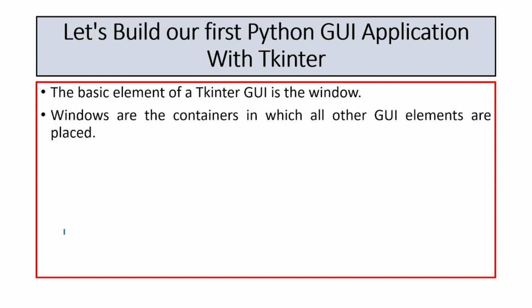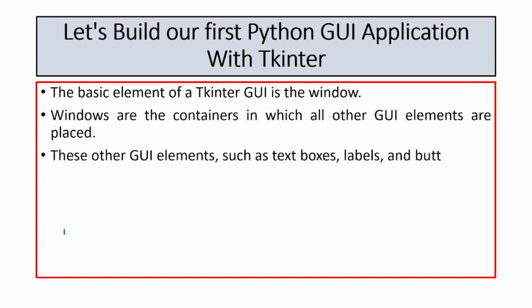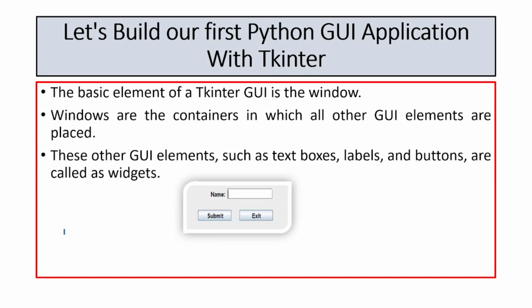These other GUI elements, such as text boxes, labels and buttons, are called widgets. See here, you can see the label where the text for the label is Name. Then this is the text box where we are going to do the entries, then the submit button and then the exit button. So there are two buttons, the text box and the label.